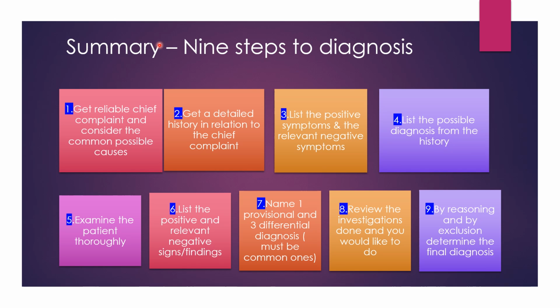In summary, these are the 9 steps to a diagnosis. First, get a reliable chief complaint and consider the common possible causes of the chief complaint. Then, in the history of present illness, get the detailed history in relation to the chief complaint.